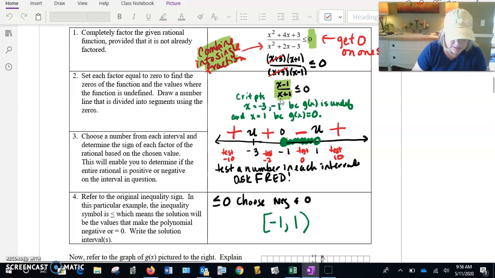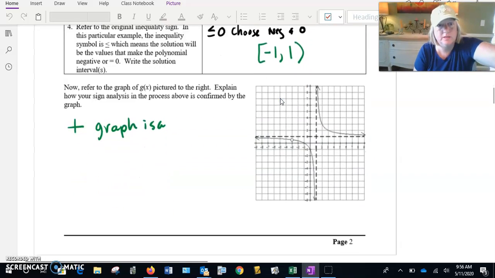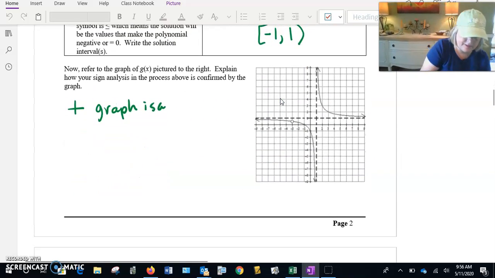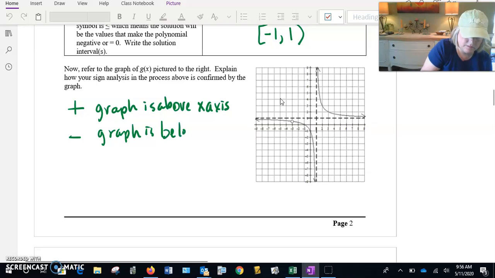All right. In referring to the graph at the right, explain how the sign analysis in the process above is confirmed by the graph. That a plus graph is above. Oh, sorry, I'm not on the screen. So the graph is above the x-axis. Negative graph is below your x-axis.